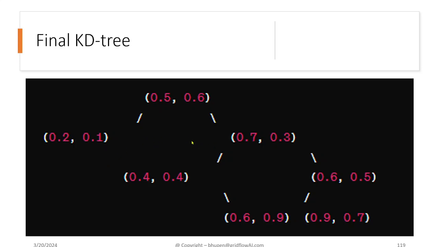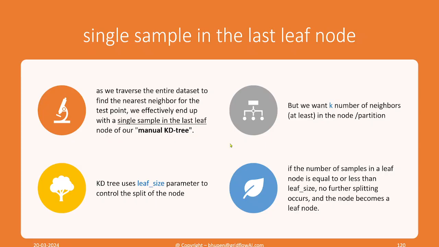There is another parameter which scikit-learn provides that ensures you have that many samples in each node as a minimum. We'll see those parameters when we look at the Python code.